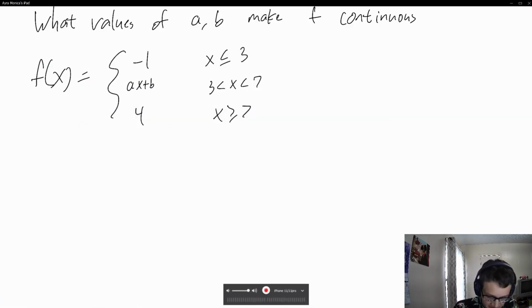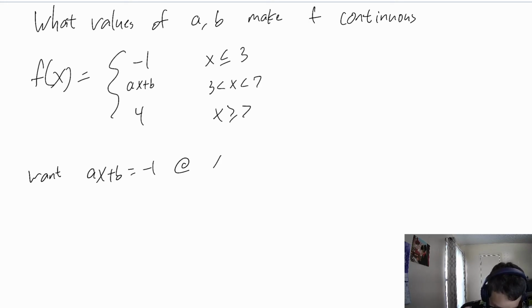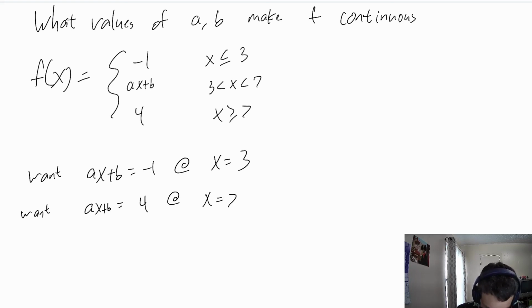But how do we do this? Thinking back to the lines that we had, what we want is ax plus b to equal -1 at x equals 3. And we also want ax plus b to equal 4 at x equals 7.